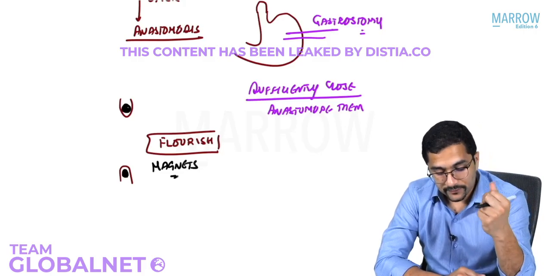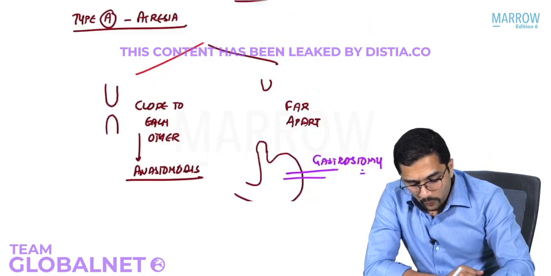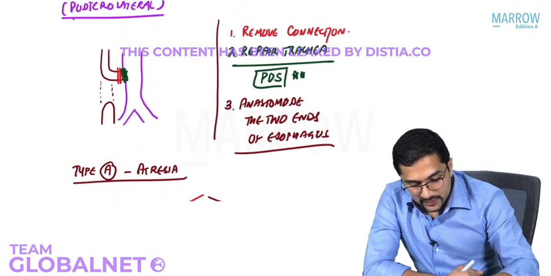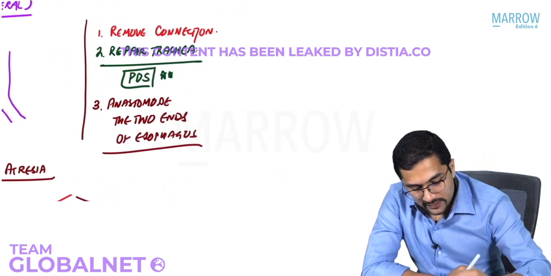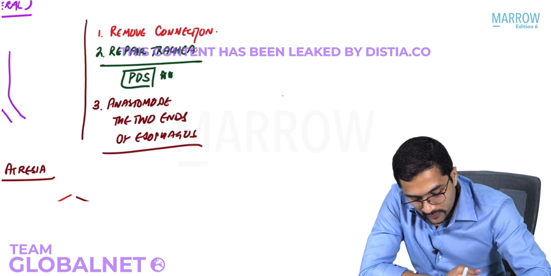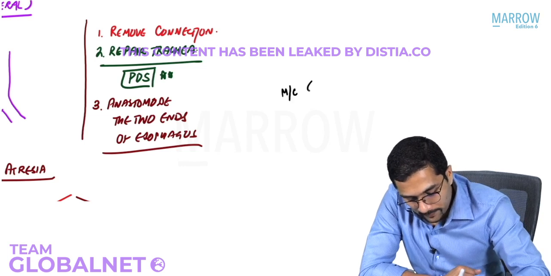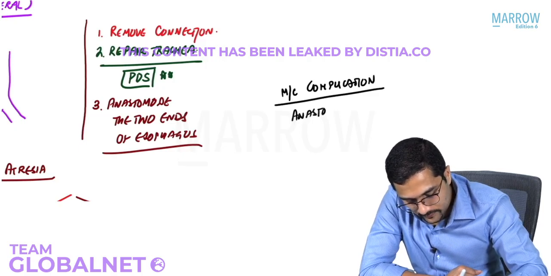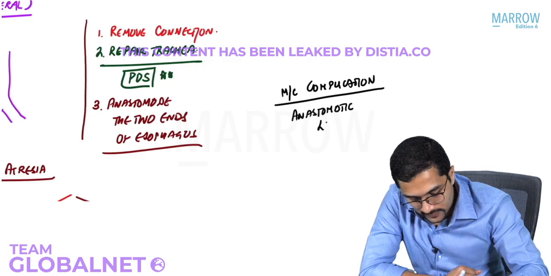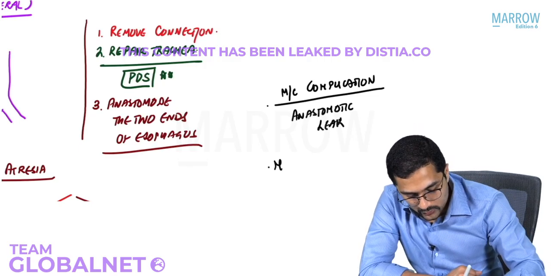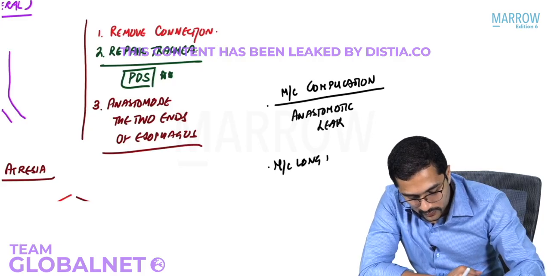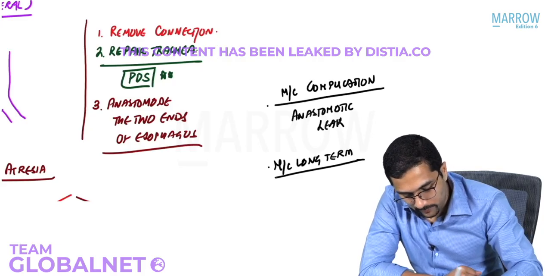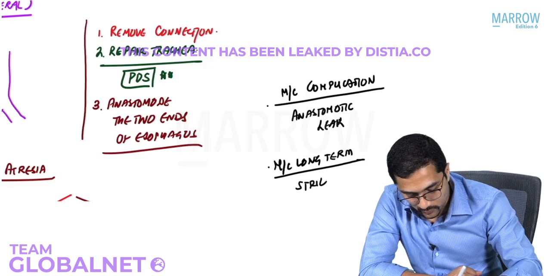Now, final two points regarding tracheoesophageal fistulae. For these surgeries which we have performed, the most common complication is anastomotic leak. The anastomosis can leak. And the most common long-term complication is a stricture at the anastomotic site.